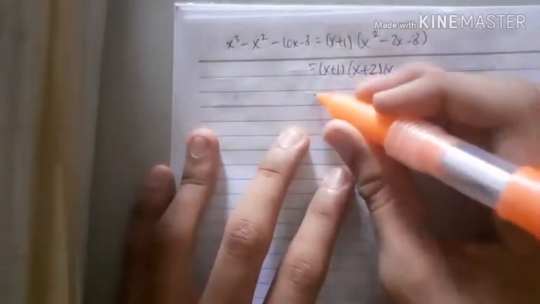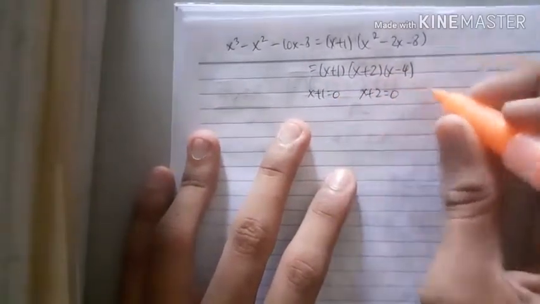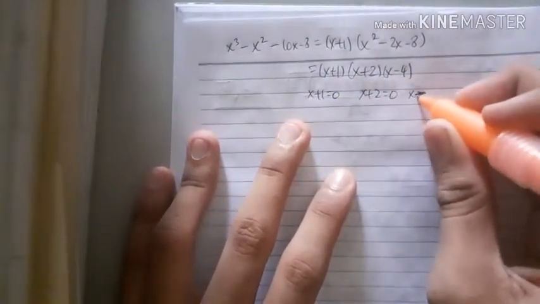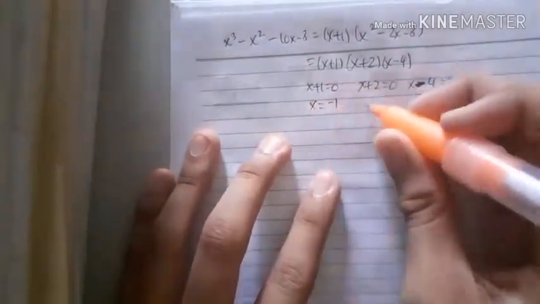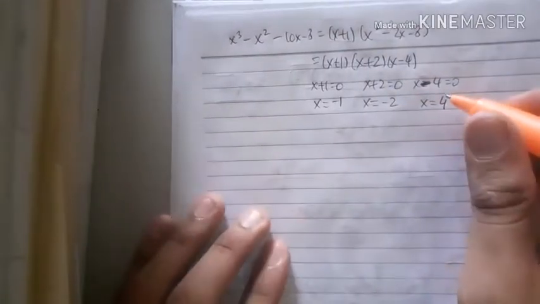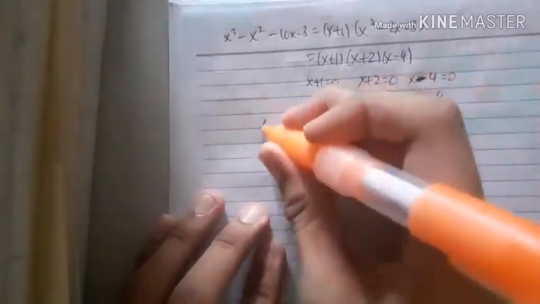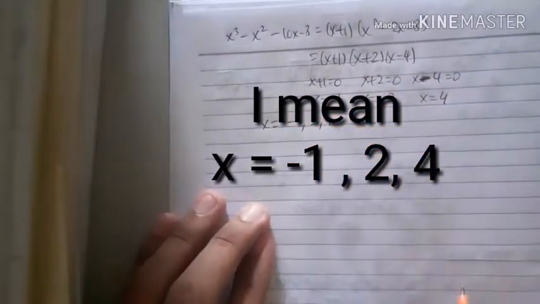So we just get the roots. X plus 1 equals 0, x plus 2 equals 0, and x minus 4 equals 0. It is x equals minus 1, x equals minus 2, and x equals 4. So the solutions of that cubic equation are x equals minus 1, minus 2, and 4. That is the answer for number 2.